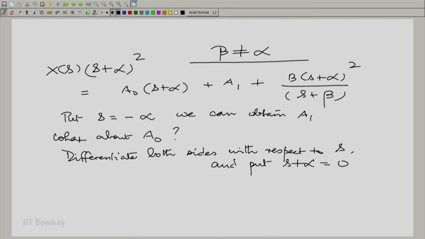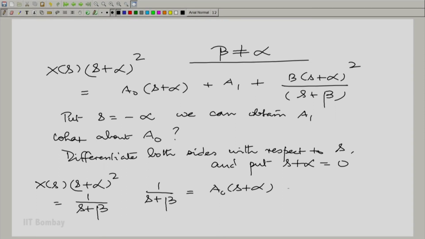You see, X(s) into s plus alpha the whole squared is essentially 1 by s plus beta, and you have 1 by s plus beta is a0 into s plus alpha plus a1 plus b into s plus alpha the whole squared divided by s plus beta.